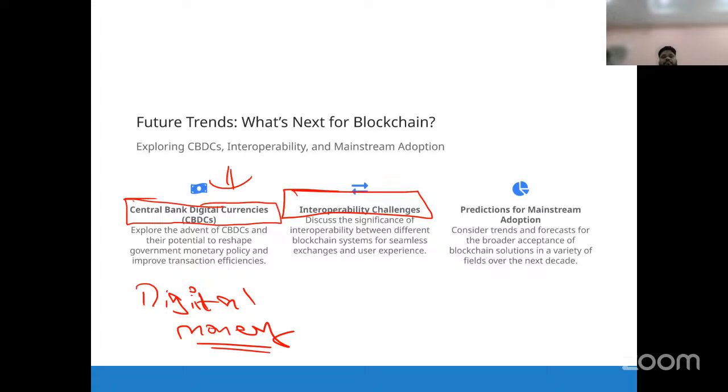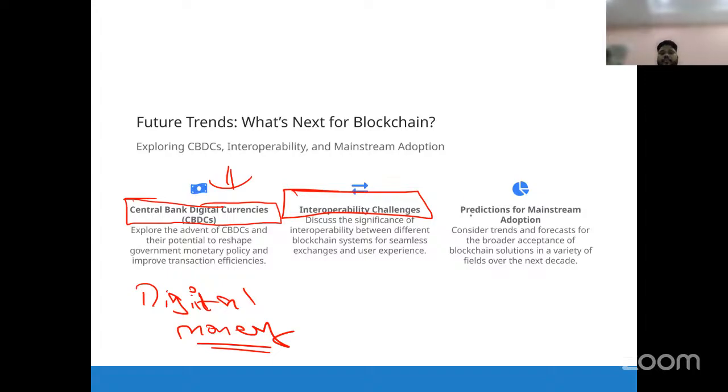That flexibility and interoperability should be there. Today we are trying to overcome that problem so that we can have a better plan and handle things very effectively. That is what we call interoperability challenges.